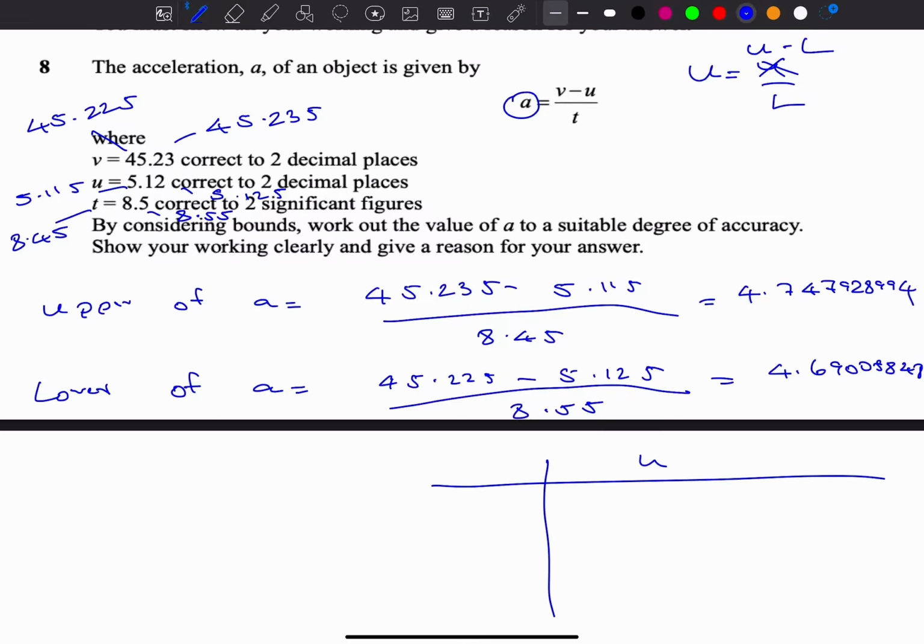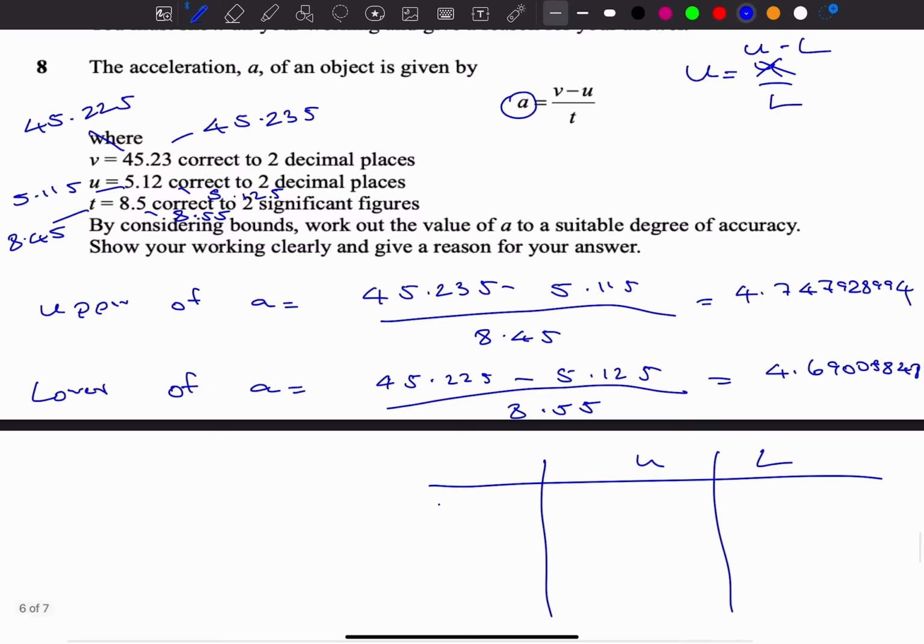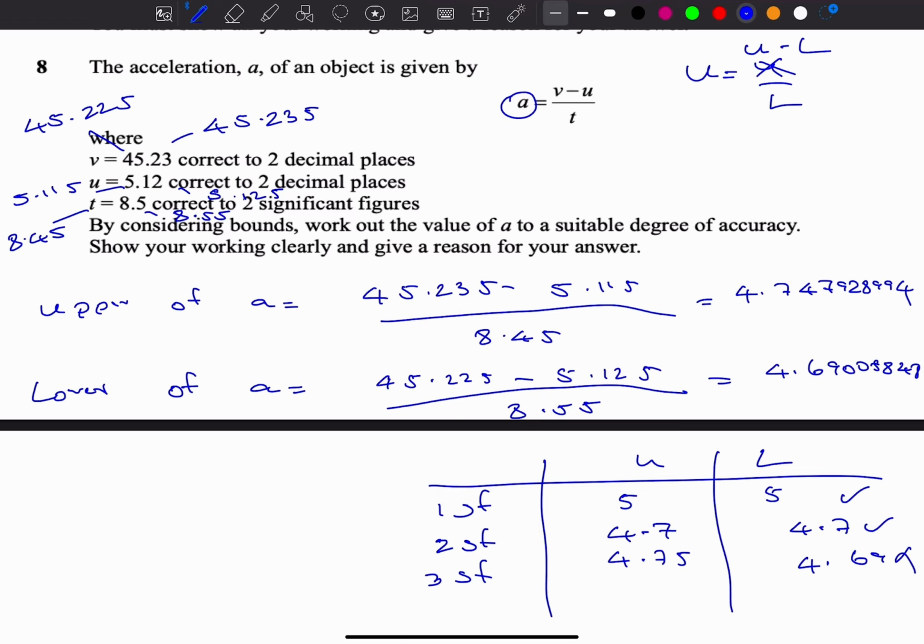If you do the upper bound and lower bound on that one, one significant figure is 5, seems fine. Two significant figure is 4.7, 4.7 seems fine. Three significant figure is 4.75, 4.69. That's rubbish. 4.7 is correct to two significant figures.